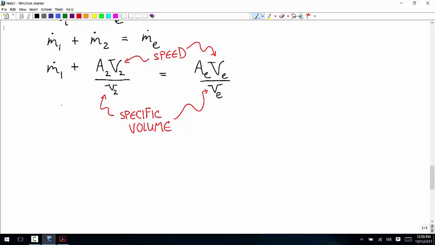They are, so if you treat this as an incompressible material, then they would be the same. And normally, those are both liquids, right? Right.